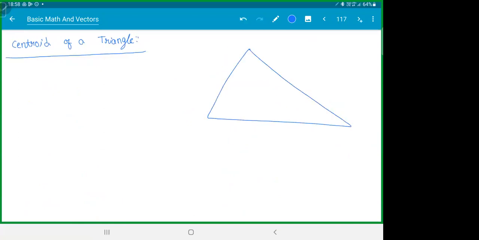Take a scalene triangle, it doesn't matter. Let's say this is R1 bar, this is R2 bar, and this is R3 bar, the three corners.